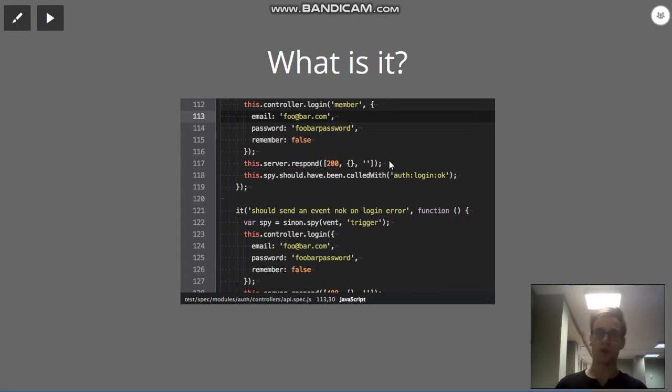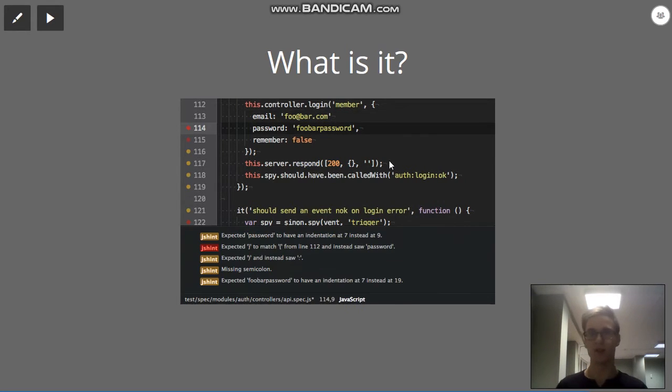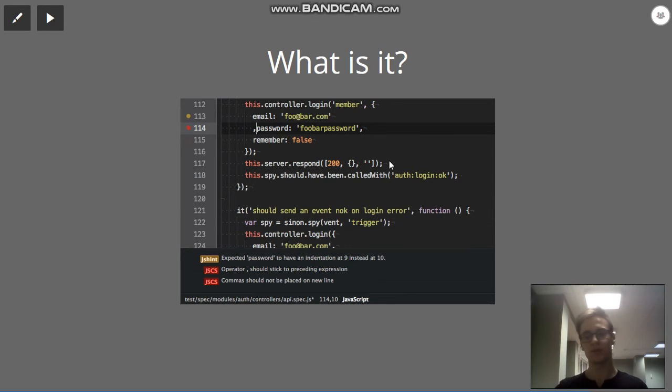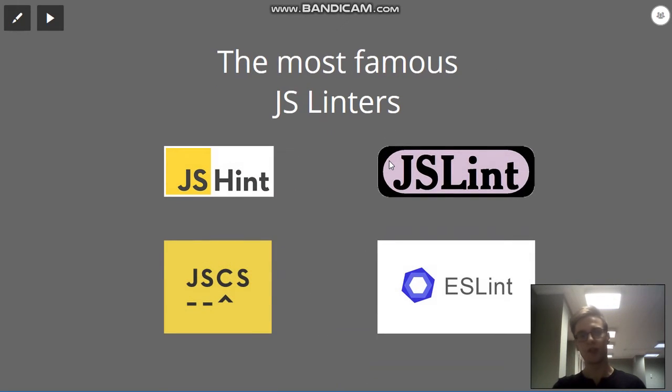But today we talk about JavaScript linters, and there are 4 most famous JavaScript linters: JSLint, ESLint, JSHint, and JSCS. JSLint is the oldest JavaScript linter, and it was created by Douglas Crockford maybe in 2002, but it is old and very strict.